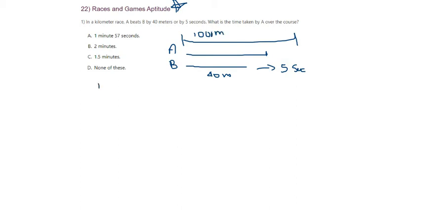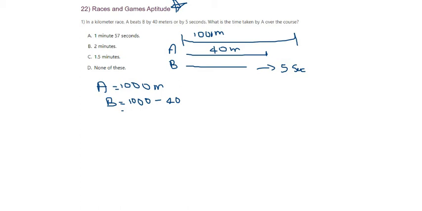If A runs 1000 meters, that means B will run 1000 minus 40, because A beats B, which means A crossed B by 40 meters, but we don't know the time taken by A over the course.